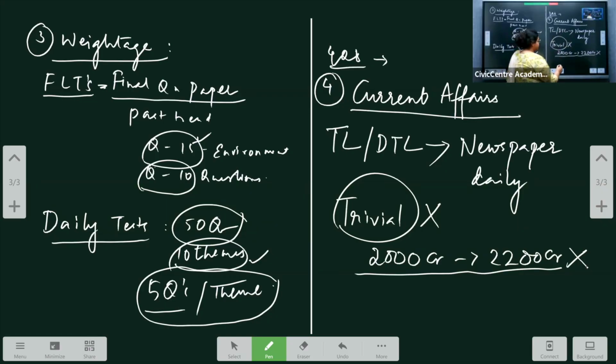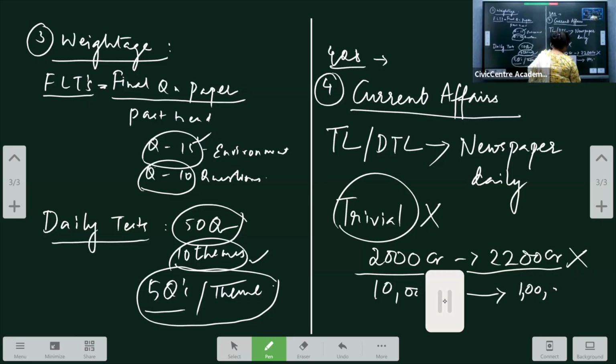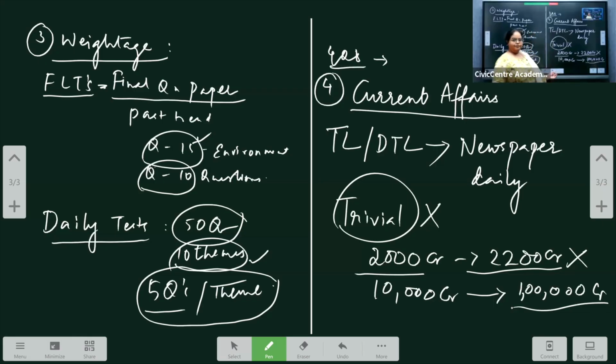If there is a huge difference, say 10,000 crores were allocated and now it is 1 lakh crore, if it is growing 10 times or 5 times, then maybe it is important.